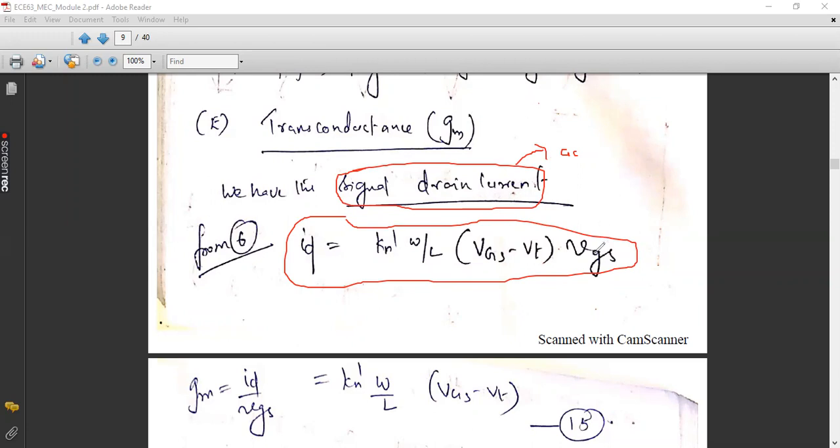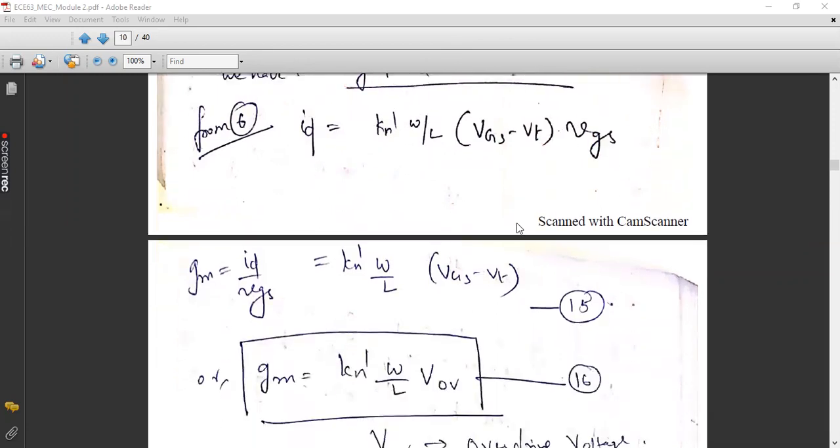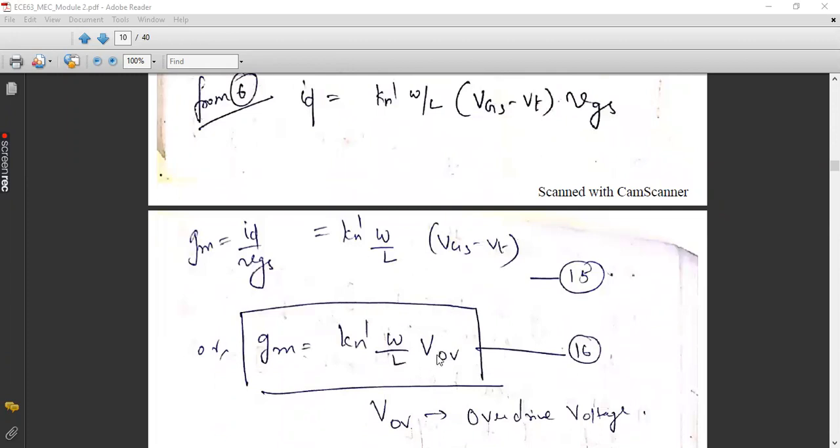From this, you will take this vgs to the left hand side and find the ratio id by vgs. This is nothing but your transconductance, and you can replace VGS minus VT as VOV. Same thing what we have studied in the last class. So this is one equation for gm. Put it in a box, where VOV is the overdrive voltage. Similarly, we are going to derive two more equations.